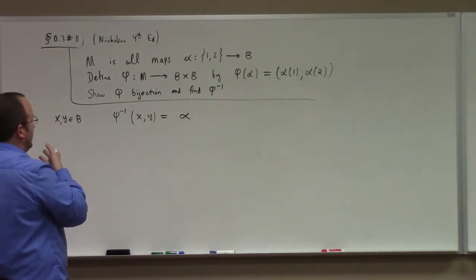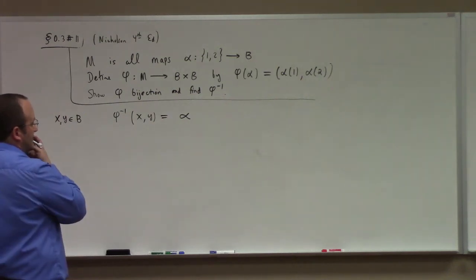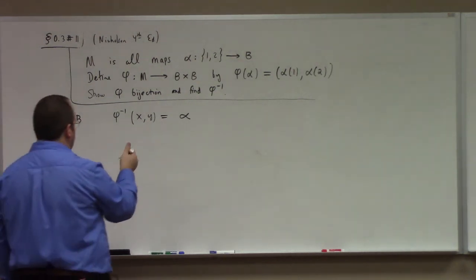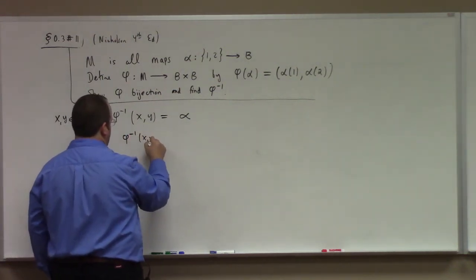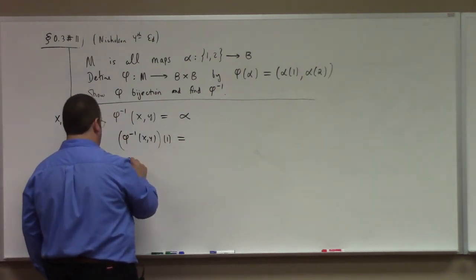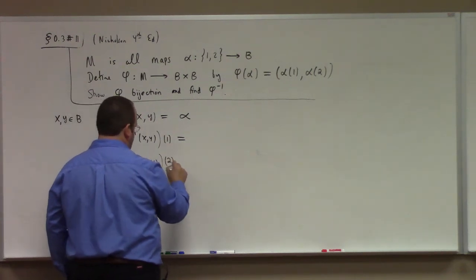Somehow we have to come up with the alpha in terms of x and y, right? But it's a map in M, so to define this, we need to say what phi inverse of xy does when we feed it 1, and what happens when we feed it 2?